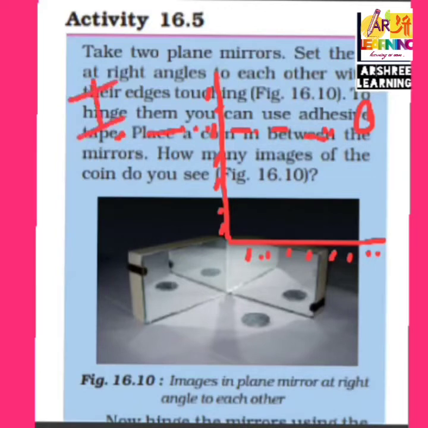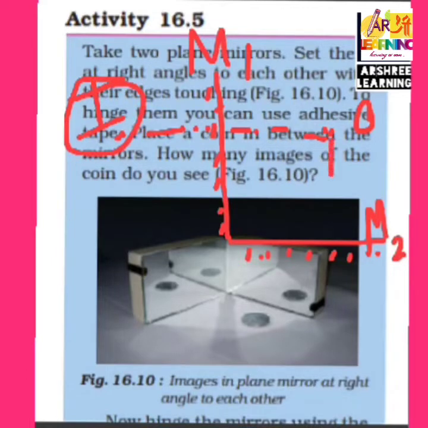That is, I1 is the image formed of the object by mirror 1. M1 is the first mirror and M2 is the second mirror. This is the first image. This object will form another image at this point, so this is I2, the second image, formed by mirror M2. So one object in two mirrors forms two images.